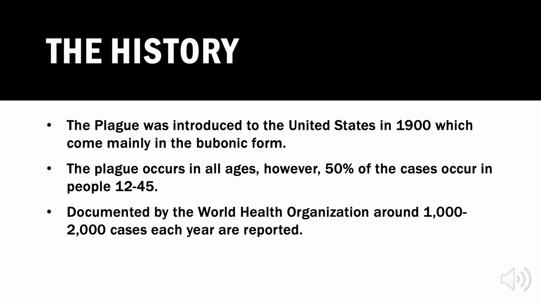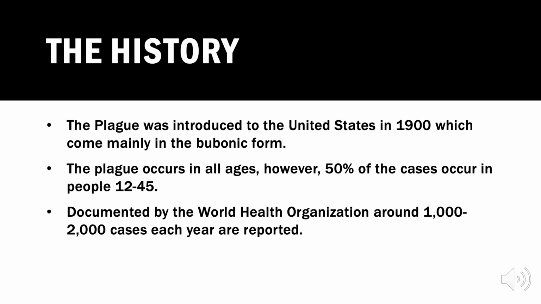It's not very specific on gender, race, ethnicity. It just affects everyone. And 50% of the cases occur in people 12 to 45, but it can even affect people up to 96 years old. The World Health Organization documented that there are only 1,000 to 2,000 cases reported each year.